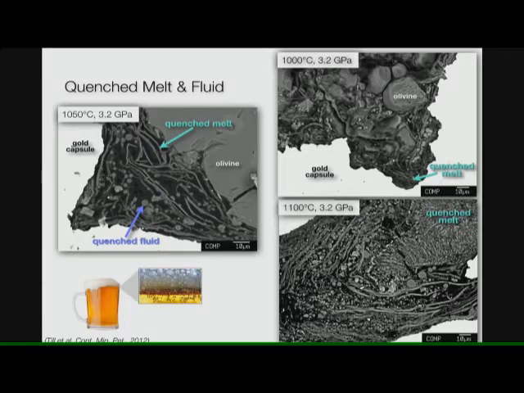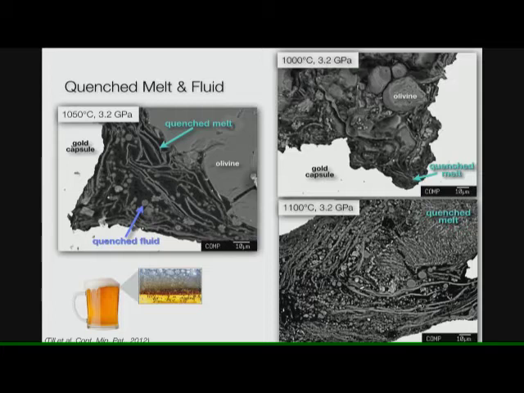What is the quenched fluid relative to the quenched melt? Yeah, so last week, during Paul's talk and my talk, we talked about the idea that at high pressures you can have a lot of solute dissolved in your aqueous fluid. And we also have this question of what we call the second critical endpoint.